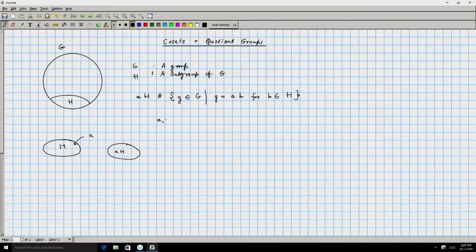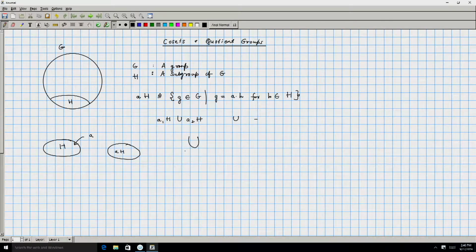Okay. So, now if you take an arbitrary group and construct all its left cosets, we will get different cosets. Let us call them a1H, a2H and so on. And if you take the union of this collection of cosets, that is going to be the complete collection.